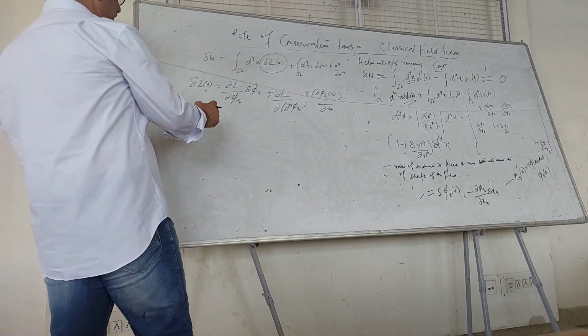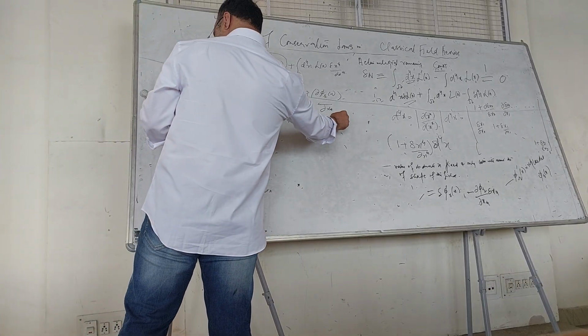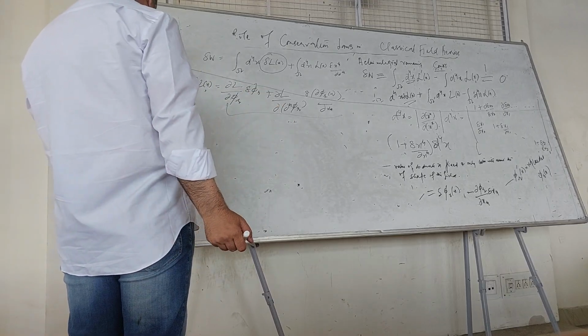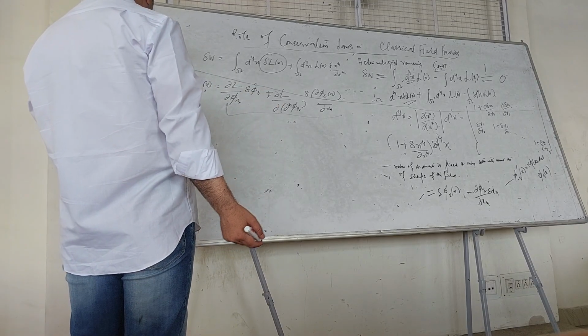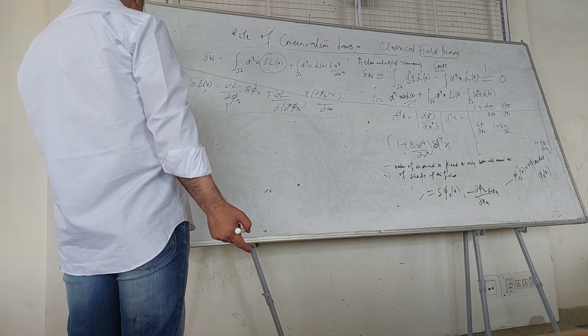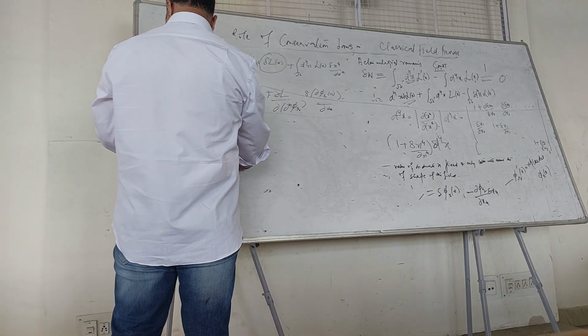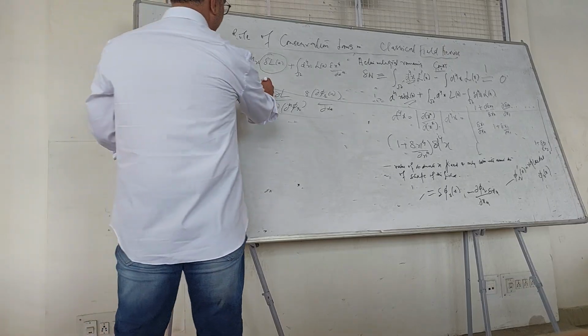So if you try to see again, you just इसका आप simplify करेंगे. After simplification, you can write it in terms of, for example, phi r.